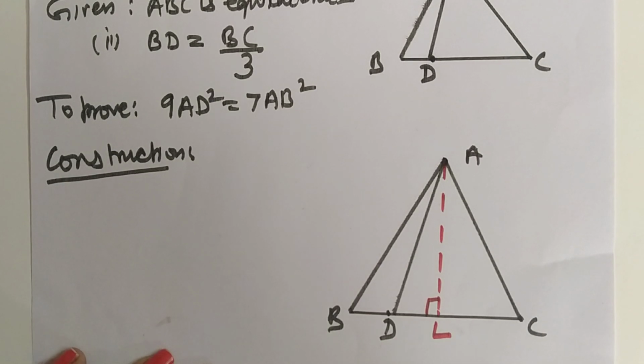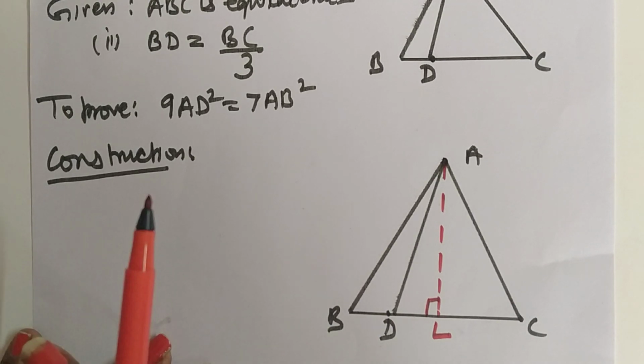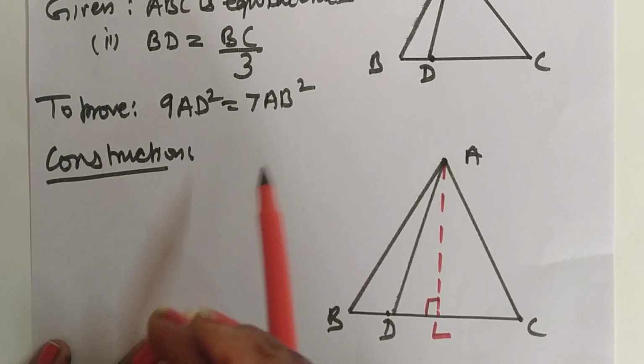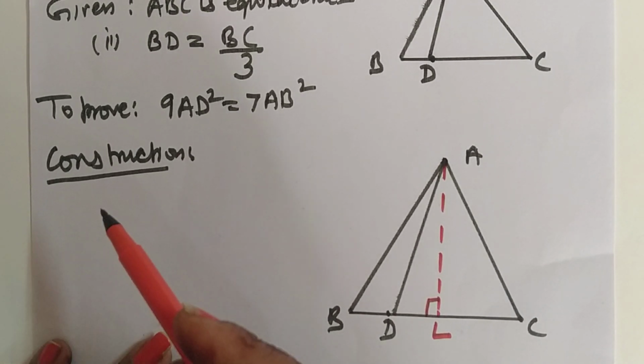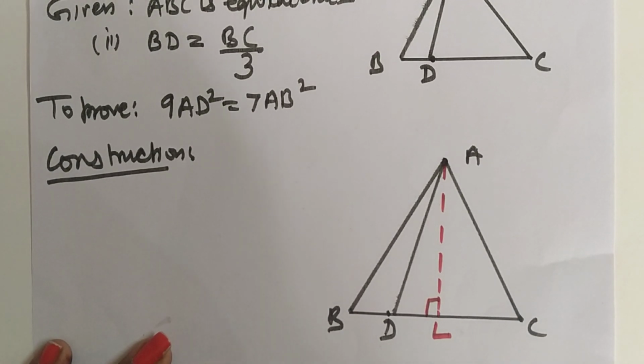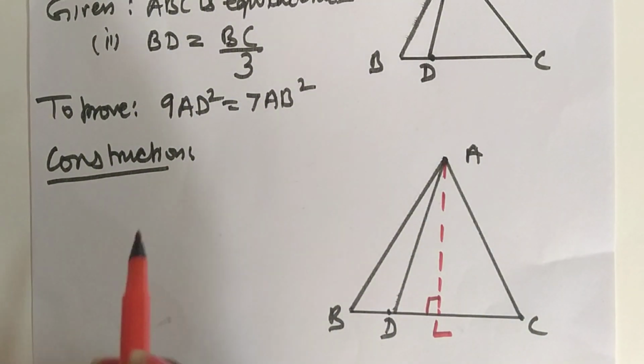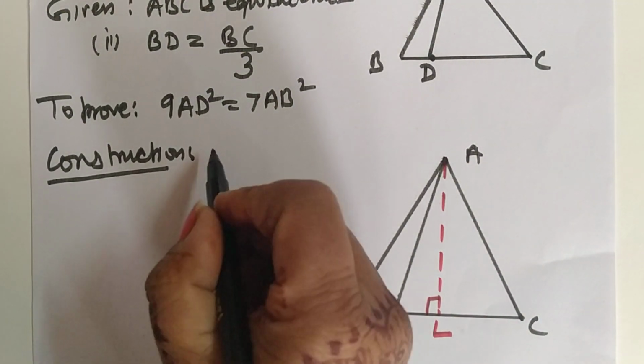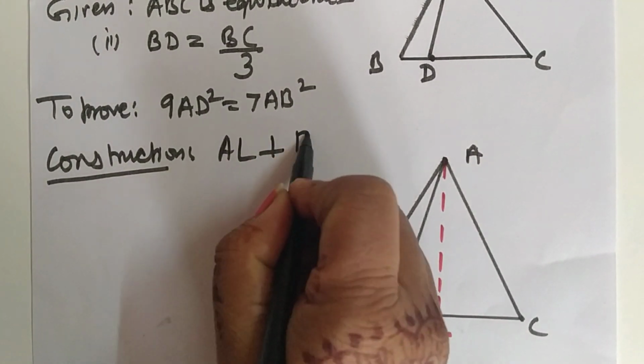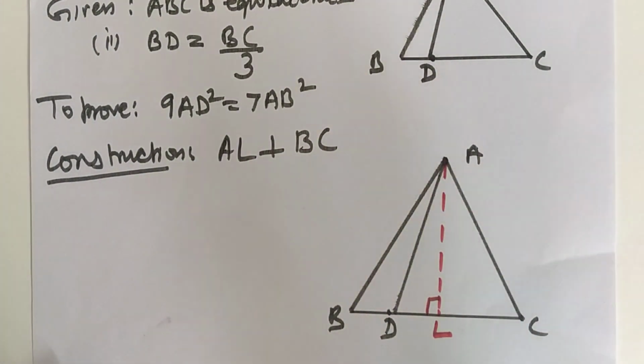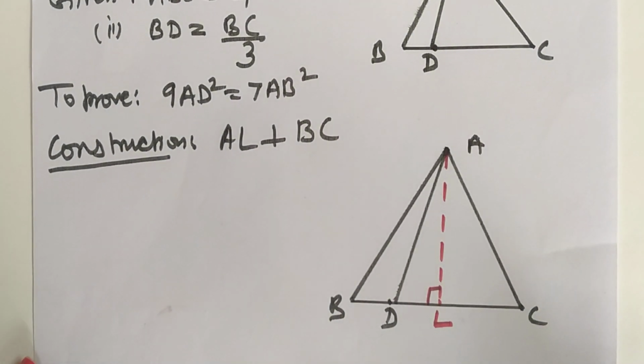This property is applicable only for the equilateral triangle: an altitude or perpendicular will also behave as a median. So first of all, we draw AL perpendicular on BC.